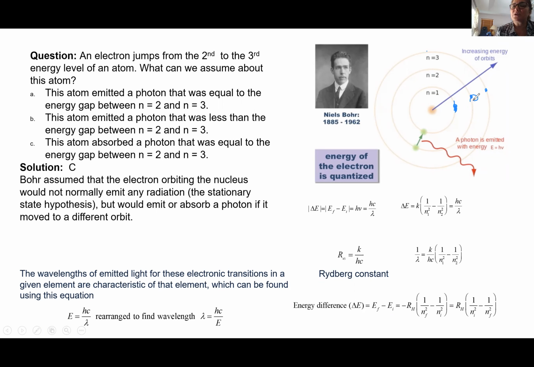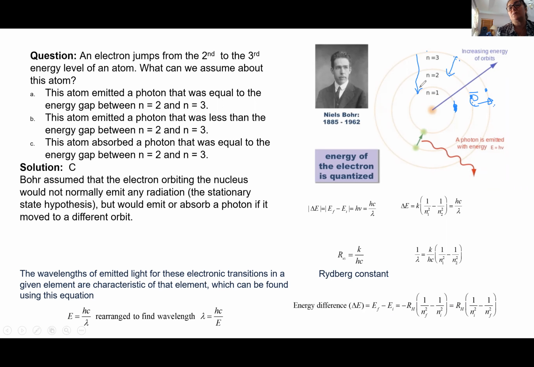If the electron wants to go from level 2 to level 3, that's like jumping, it needs energy, and that energy can be given as a photon, like light or heat, and then the electron can go to a higher level. Now, if the electron jumps back from a higher level to a lower level, that energy is going to be released. If it's going from level 3 to level 1, even more energy is going to be released compared to going from level 3 to level 2.